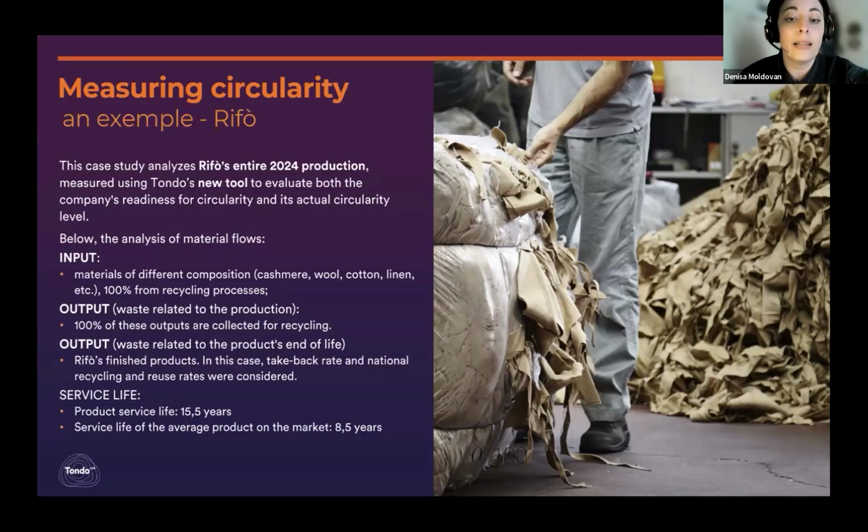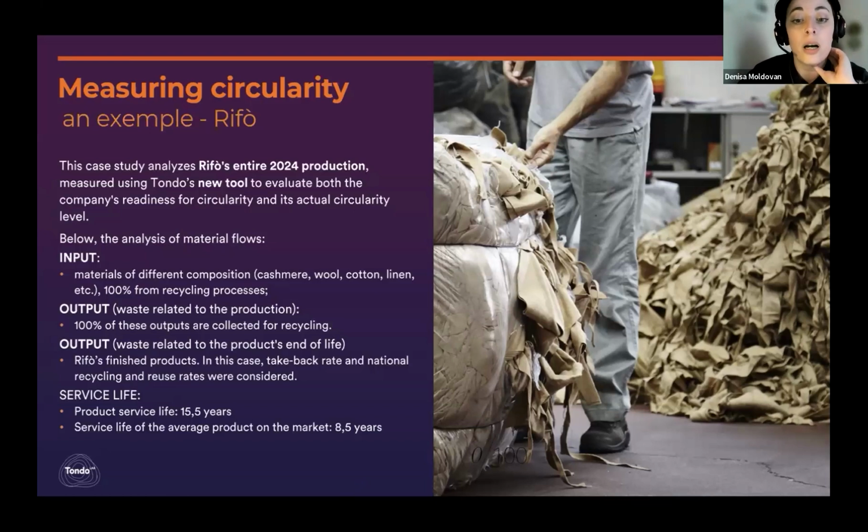Regarding the analysis of material flows, the material input here were 100% recycled fibers. The waste related to the production is also 100% material collected for recycling.